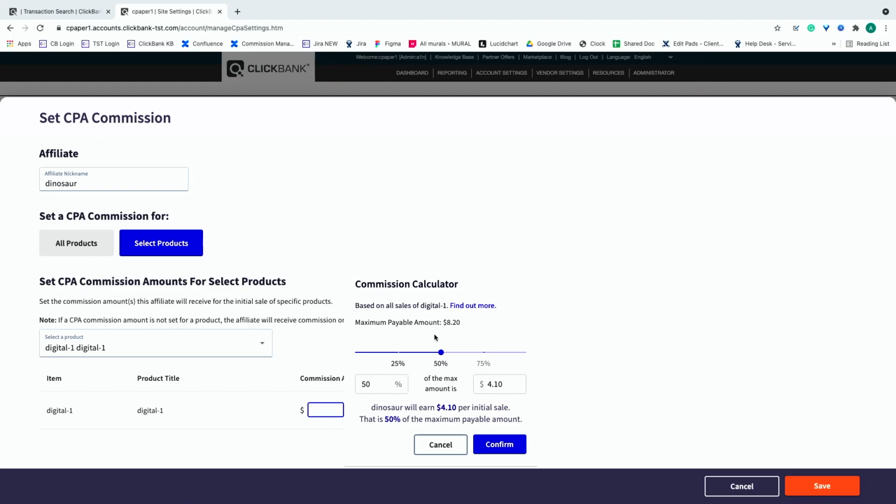But the other cool thing about this is this calculation that it's running is specific. If there are enough historical sales from this specific affiliate, the calculation is based on the sales where that affiliate was the affiliate on the sales. So you can see that affiliates who have higher upsells and lower return rates, the amount that you can pay them is going to be higher than an affiliate who has higher returns.